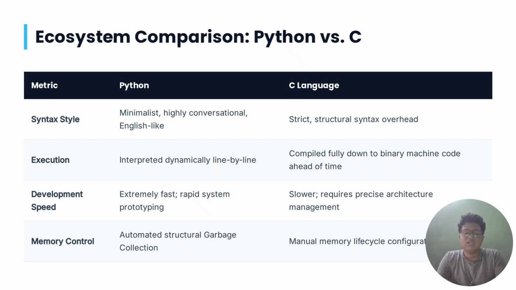In case of C, it's much slower, requires precise architecture management, because, as I already said, they have a structure which we have to use every time. For memory control, automated garbage collection is there in Python, which is very good. And in C language, manual memory life cycle management, which is much slower, but it's fine, obviously.